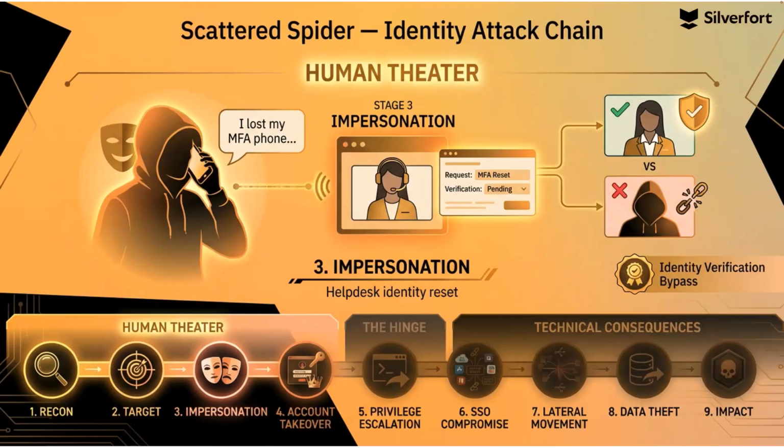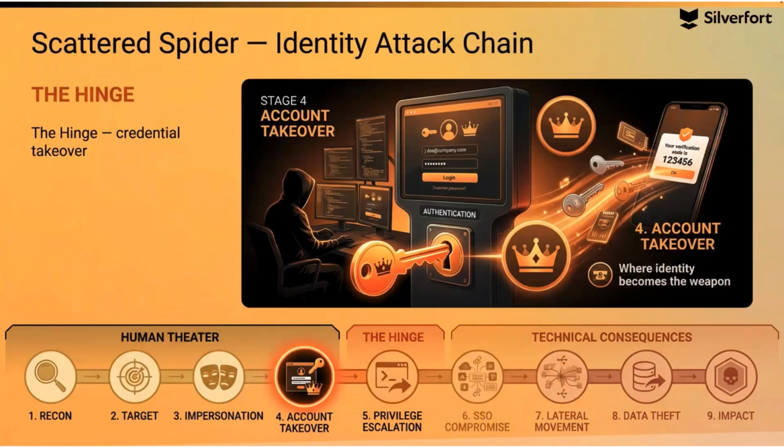And then this hacker has just gotten one of the most important identities in the organization, right? The IAM manager, or the IT or security people's identity. This identity is the hinge. Once they take over a specific account, they will try to escalate the privileges they have to start to move laterally.